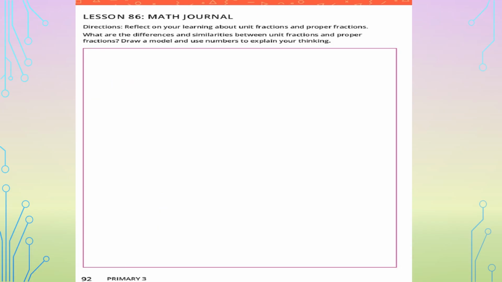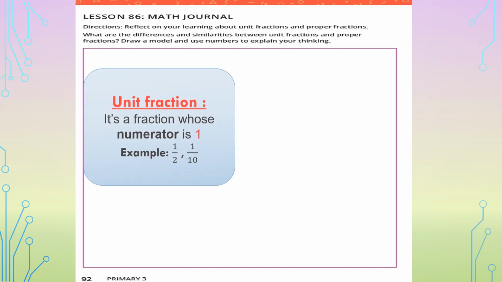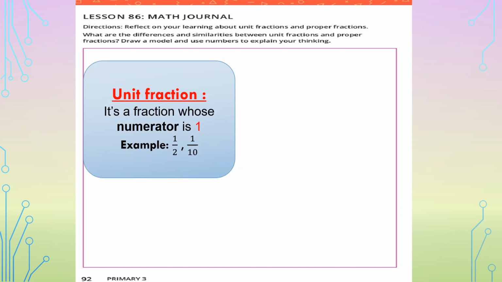Let's start here with Math Journal. Reflect on your learning about unit fractions and proper fractions. What are the differences and similarities between unit fractions and proper fractions? We said before, a unit fraction is a fraction whose numerator is 1, for example 1 out of 2, 1 out of 10.